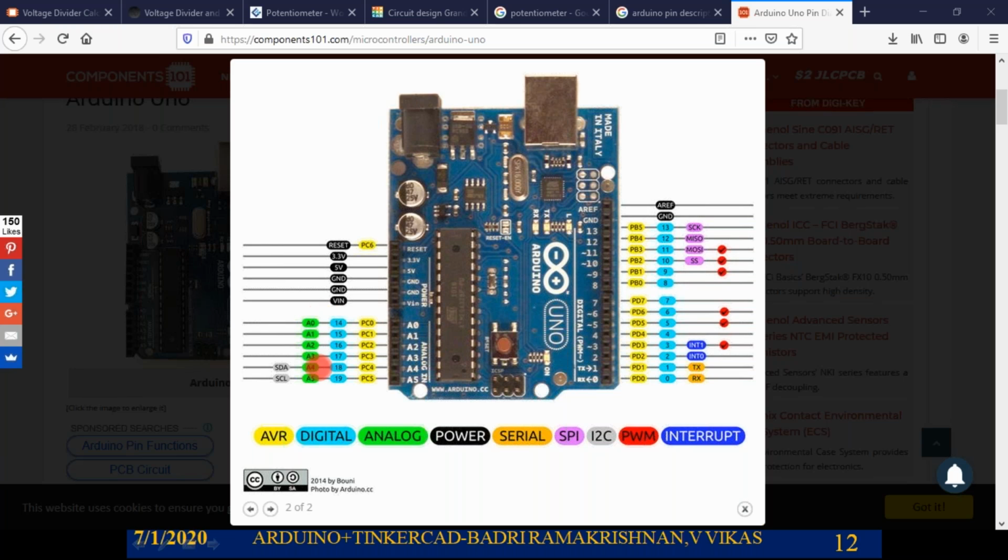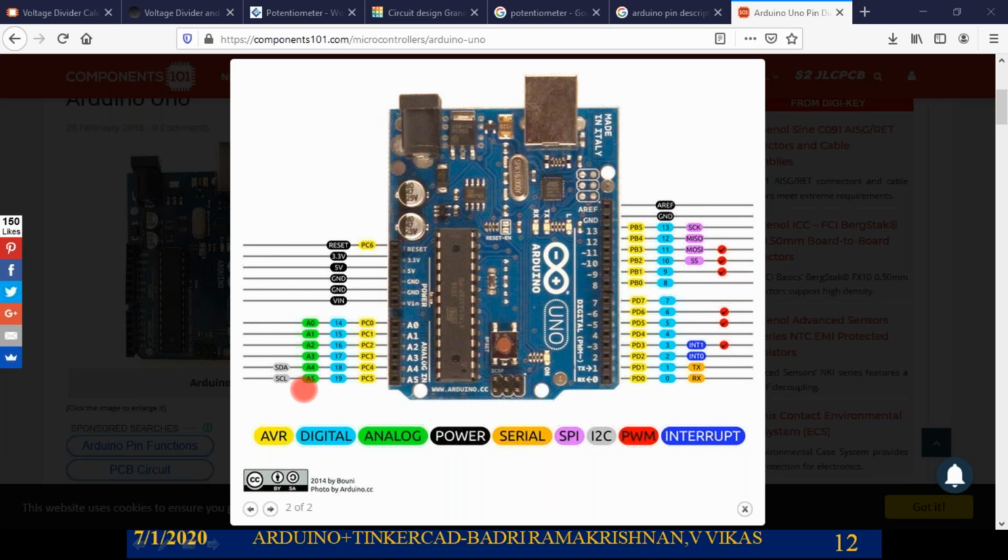Here I have 6 pins written as A0, A1, A2, A3, A4, A5, and here I have Vin, ground, 5 volts, 3.3 volts, reset. So what is the difference between pins 0 to 13 and A0 to A5? All the 0 to 13 pins are considered digital and all the A pins are considered analog.